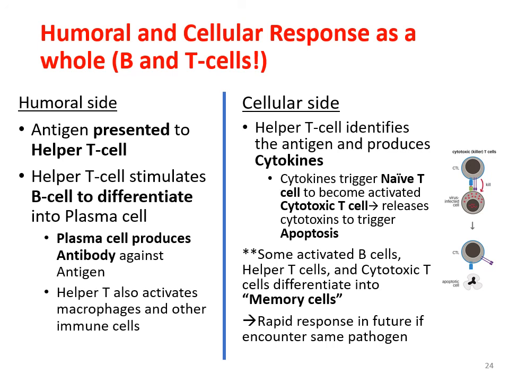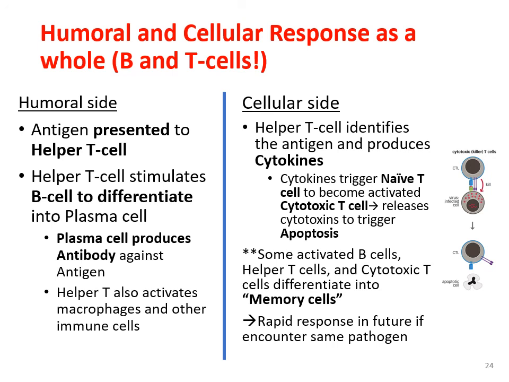That then activates the helper T cell to activate B cells. Okay, so the helper T cell, now that it knows which bad guy to fight, it stimulates the B cells to turn into those specialized plasma cells that we said produce antibodies. And then the antibodies help you fight the infection.